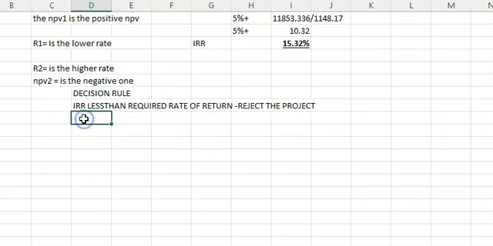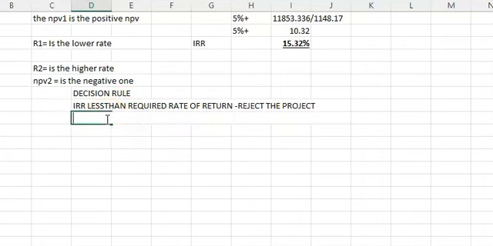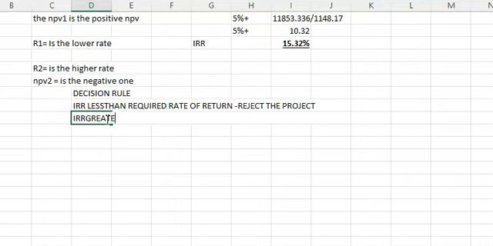Now here we want to say that IRR greater than the minimum, greater than the cost of capital, greater than the minimum rate: accept the project.